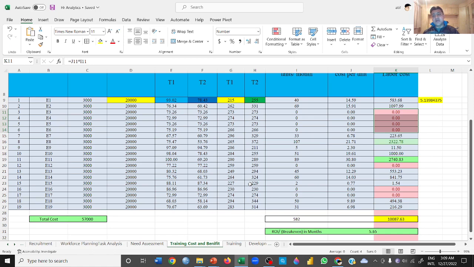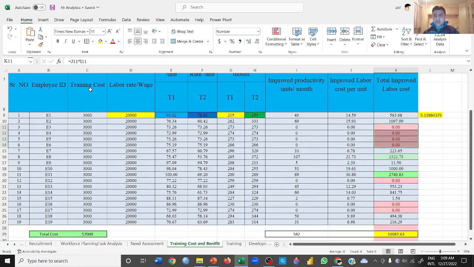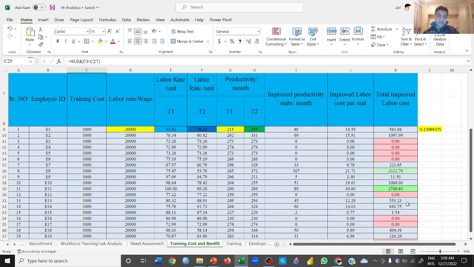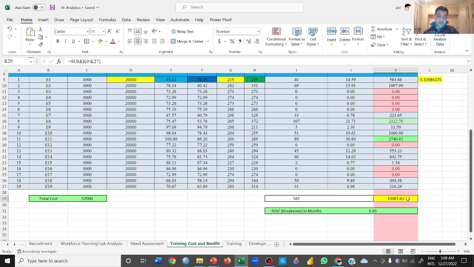Now, in other terms, how can we calculate the ROI? To make it simple, the total cost of the training for all 19 employees is 57,000 rupees or dollars, and how much we are saving is 10,087 rupees or dollars. How do we calculate the ROI? You divide the total cost by the total benefit, the improved labor cost that you're getting.